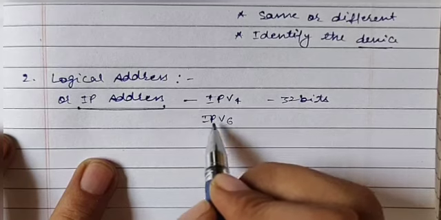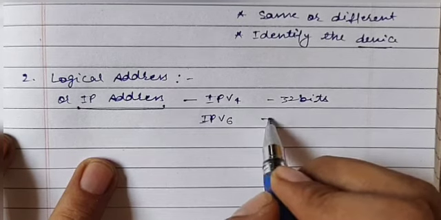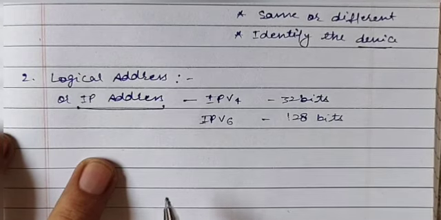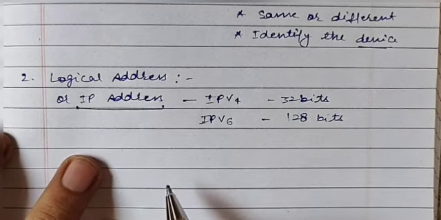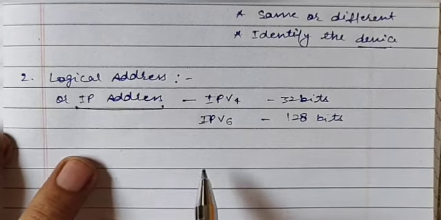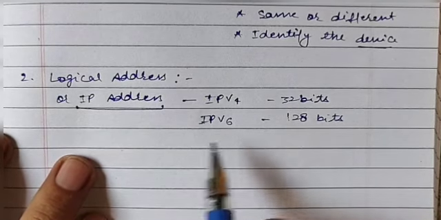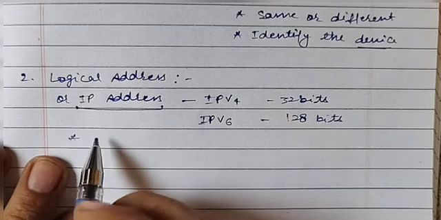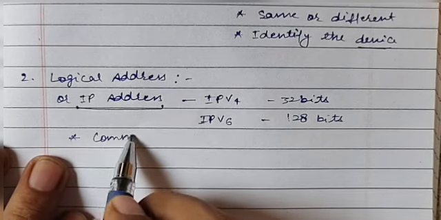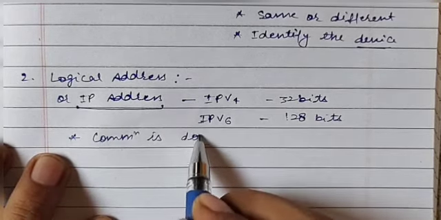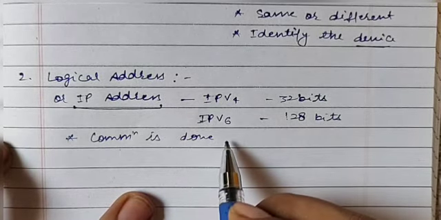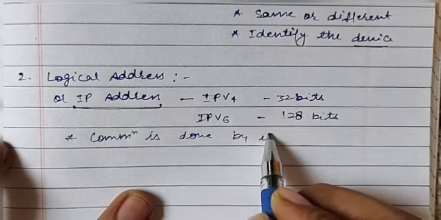While IPv6, meaning Internet Protocol version 6, has a 128-bit address, right? So next, over the network, the communication is done with the help of IP addresses. Communication is done by it over the network.